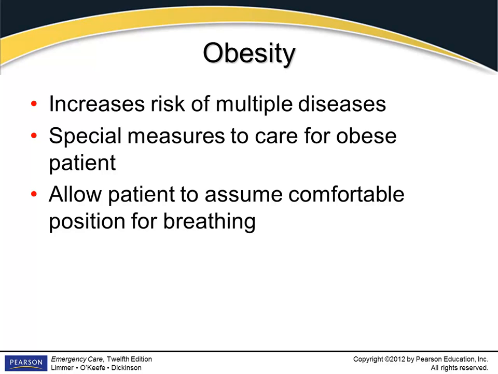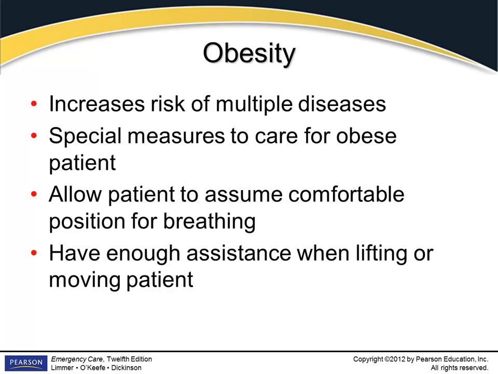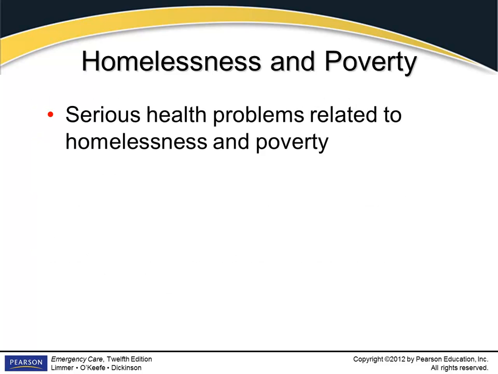What's going to be the most comfortable position for most of your obese patients? Sitting up. You rarely find them laying down in bed flat with one pillow behind their head. They can't breathe that way. They are going to require assistance, and you're going to require assistance in order to move them. So always make sure that you have enough people to do the job. If the patient weighs 600 pounds, it's not going to be you and your partner doing it. If they weigh 600 pounds, they're probably not moving themselves at all. So you're going to require a lot of assistance with that.